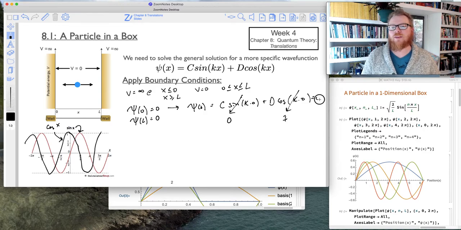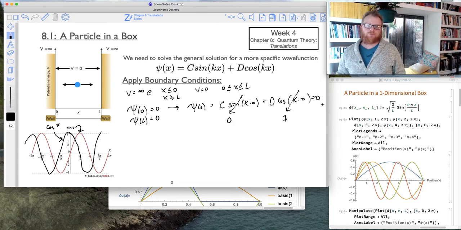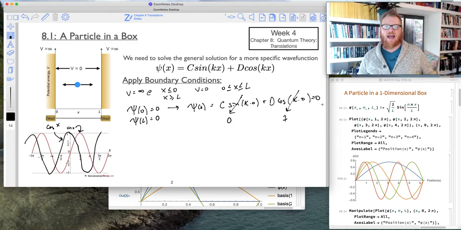Well, we know that psi of 0, this whole thing, has to equal 0. So what this tells us is this d constant has to be 0, because once again, psi of 0 has to be 0, as given by our boundary condition. We know the sine of 0 is 0, so that drops out that whole term. The cosine of 0 is 1, so that tells me that this coefficient d has to be equal to 0.